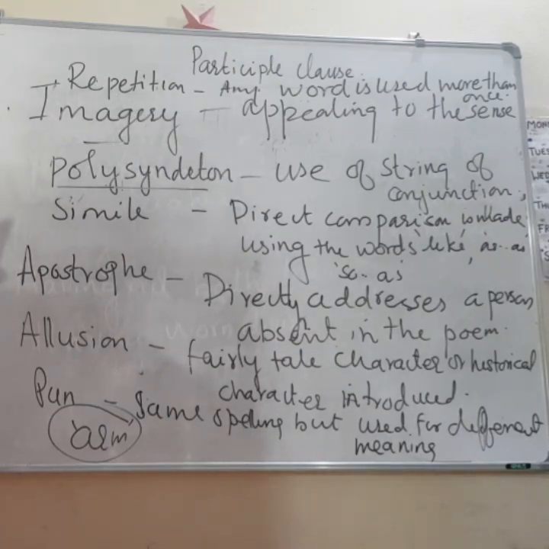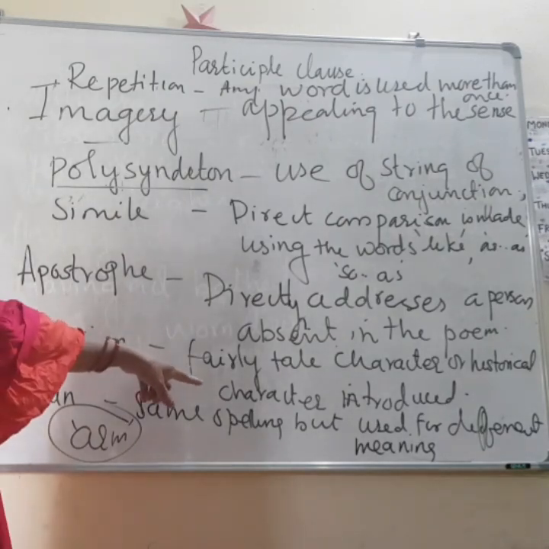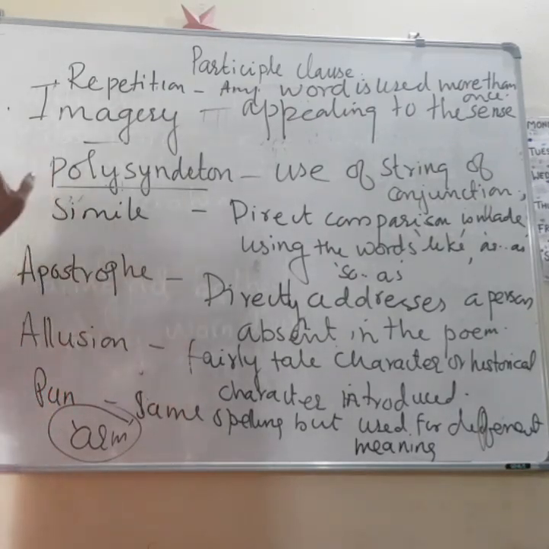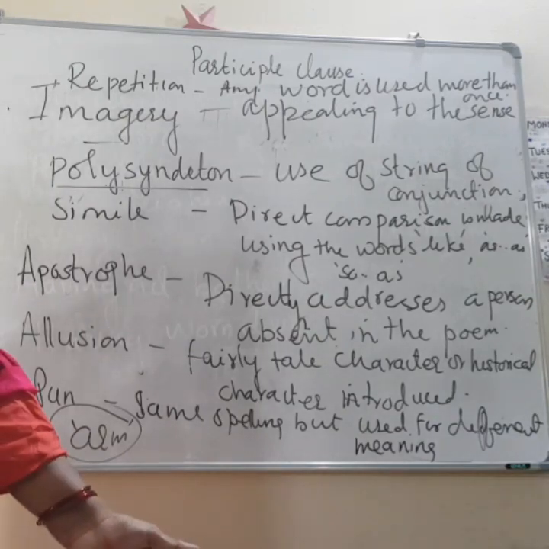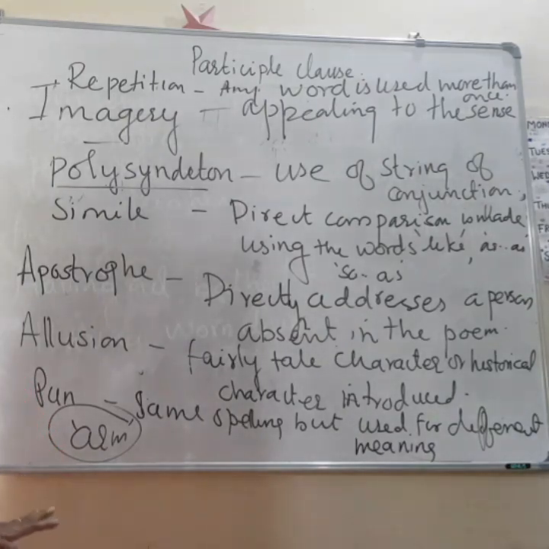Allusion is including a fairy tale character or historical character in the poem. Pun is when the spelling is the same, but the word has two meanings. For example, I said arm. Arm is one of the body parts. In the same way, arm has another meaning, arms and weapons.